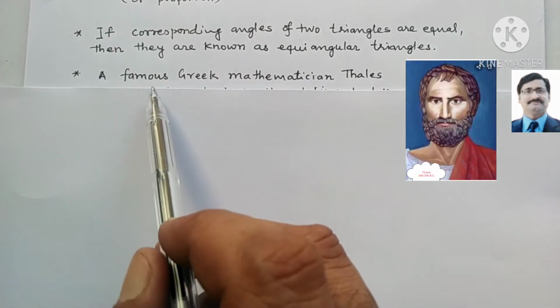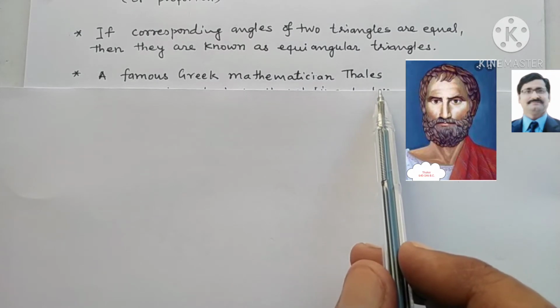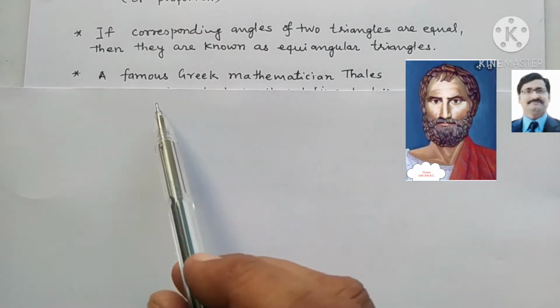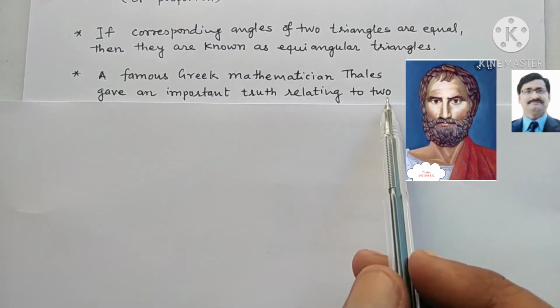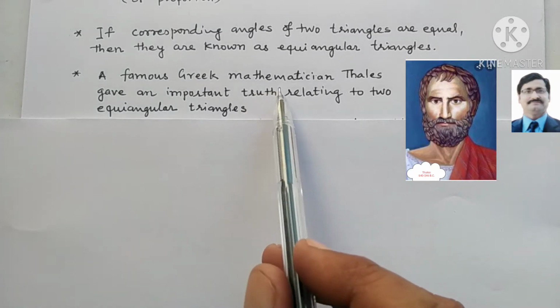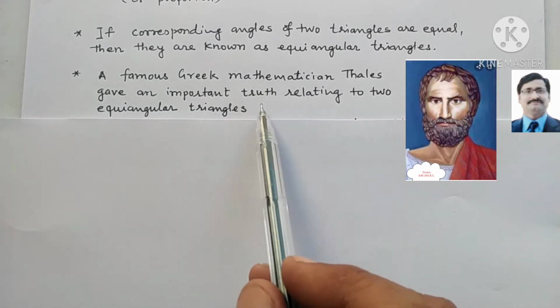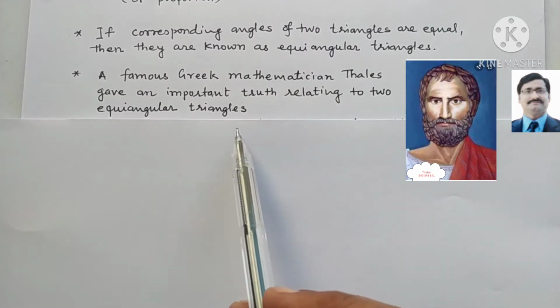Look at the famous Greek mathematician Thales. You can see the picture of the mathematician. He gave an important truth relating to two equiangular triangles. What is this truth?